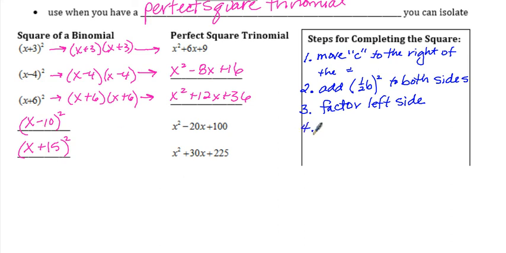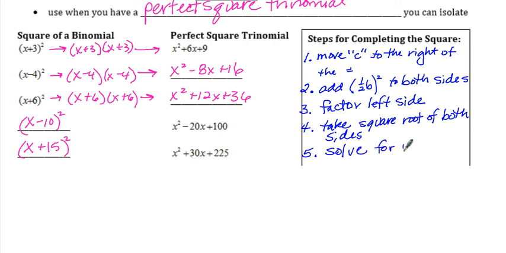Step 4, take the square root of both sides. It'll be nice and easy to do. And then finally, step 5, solve for x. It'll be pretty straightforward from there. So have these 5 steps handy as we go through the next 4 examples.